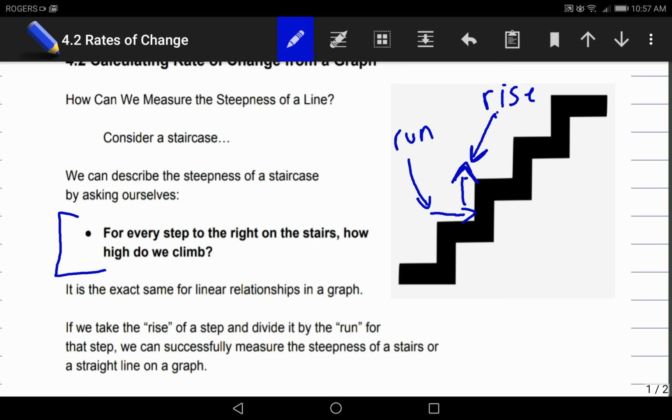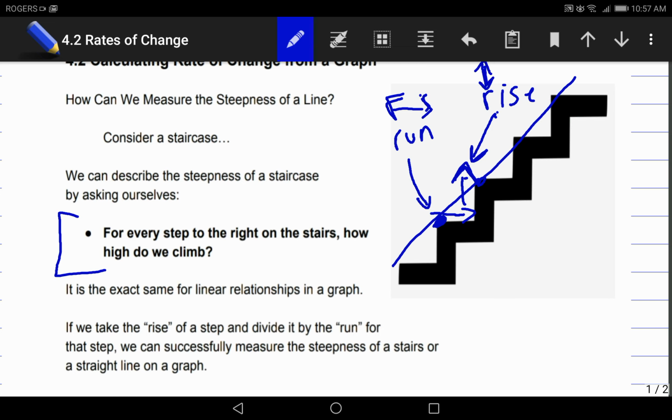So if we pick 2 points on our line, we can find out what the run is: the run is your horizontal distance, and your rise would be your vertical distance.